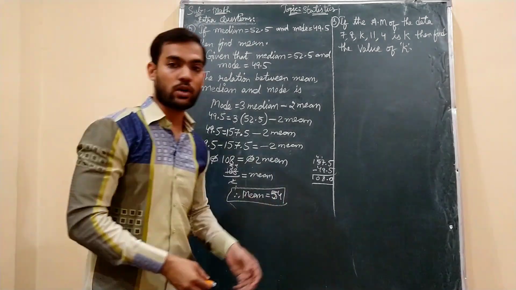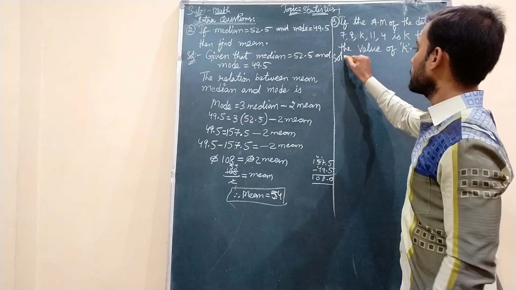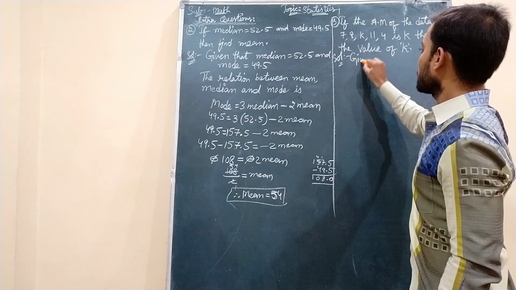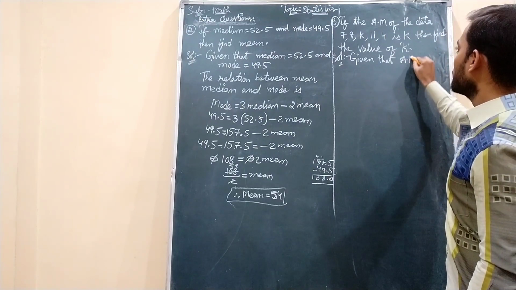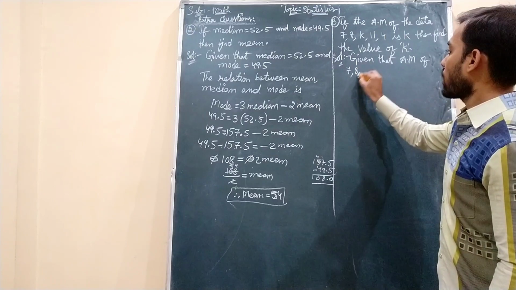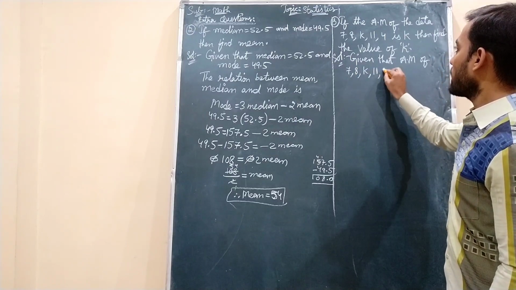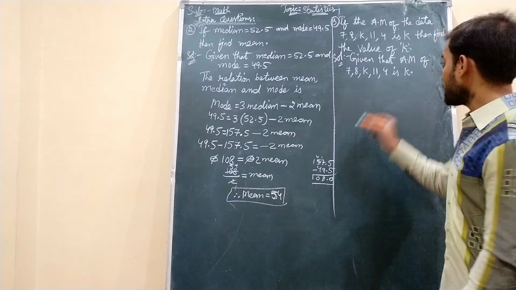Using two measures we have found out the third measure. And in this question, see what he has given over here: the arithmetic mean of 7, 8, k, 11, 4 is k. Okay, so the answer is k.